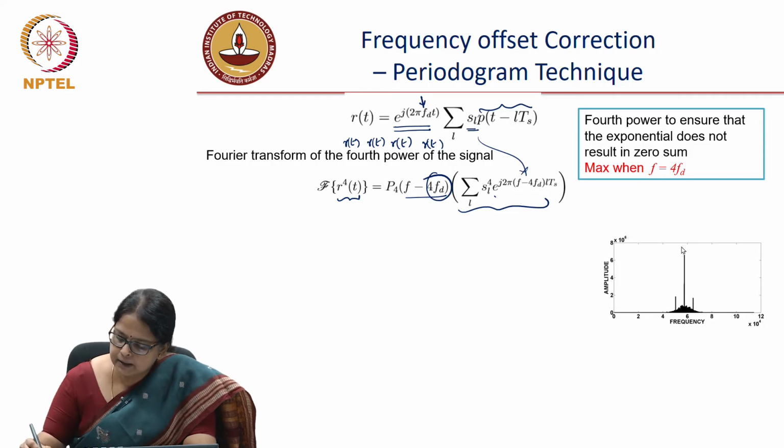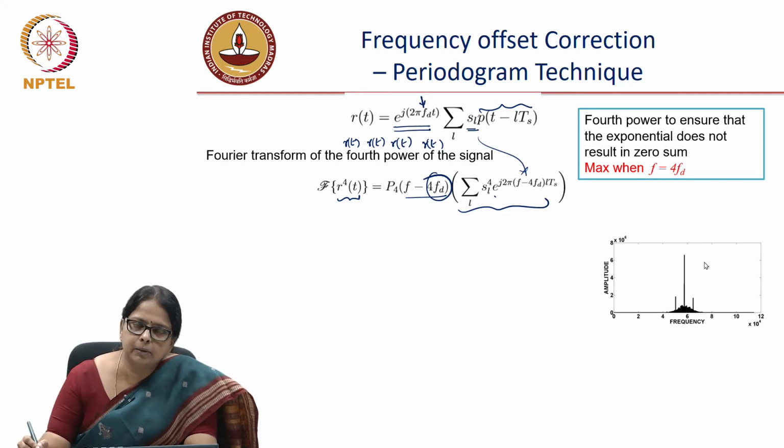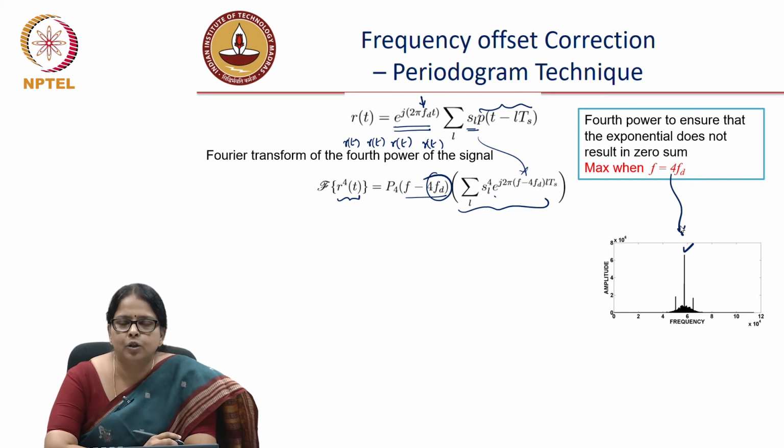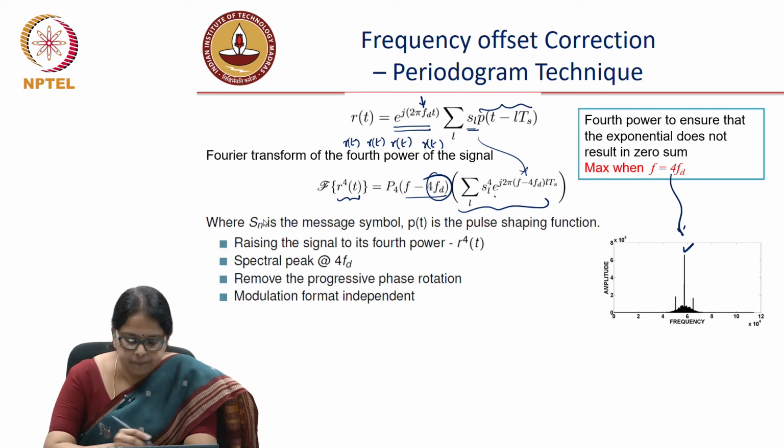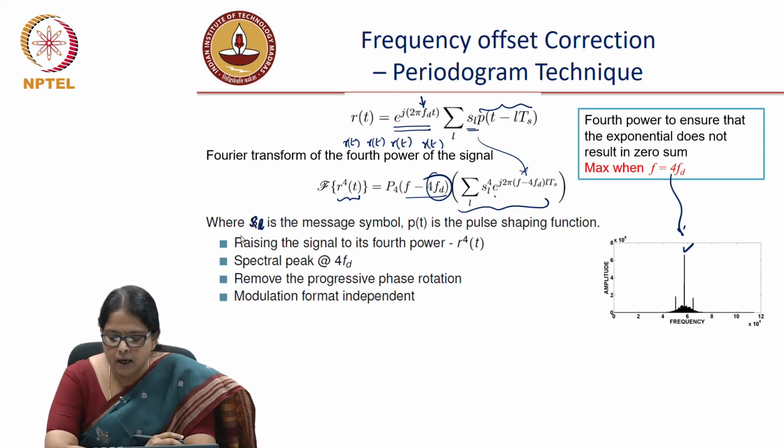So, the algorithm is very simple. If you take the fourth power of your received sequence and do a Fourier transform of this, you get a peak corresponding to 4 times f d. So, the algorithm for frequency offset correction is quite simple. s_l is the message.